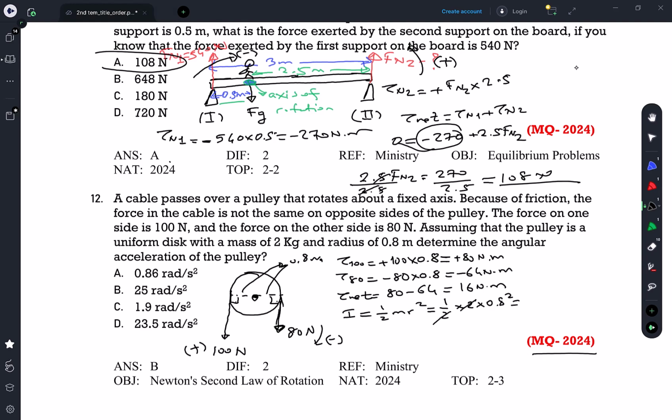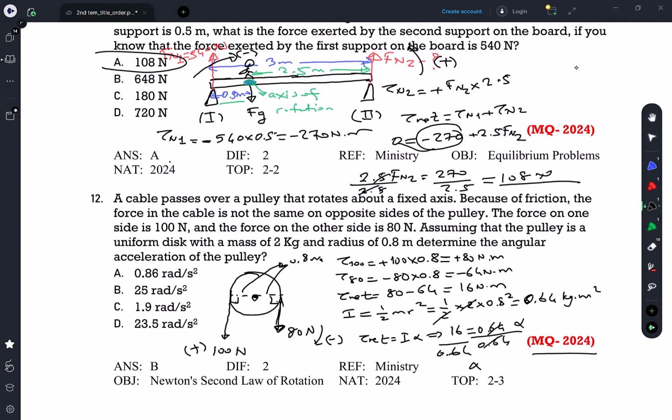0.2 divided by 1 over 2 is simplified. 0.8 squared is 0.64 kilogram meter squared. Now we can apply Newton's second law for rotational motion. Net torque is 16, I is 0.64. Calculate alpha: divide both sides by 0.64.